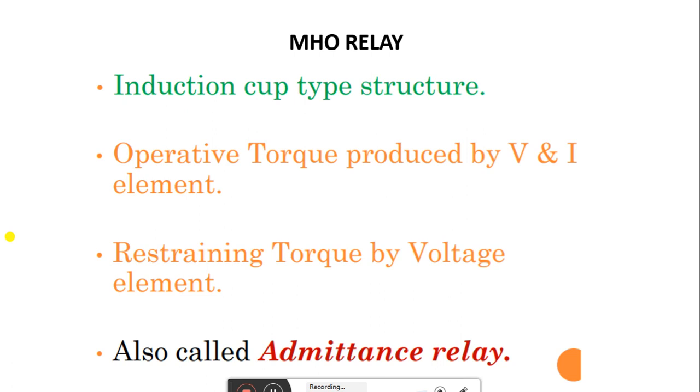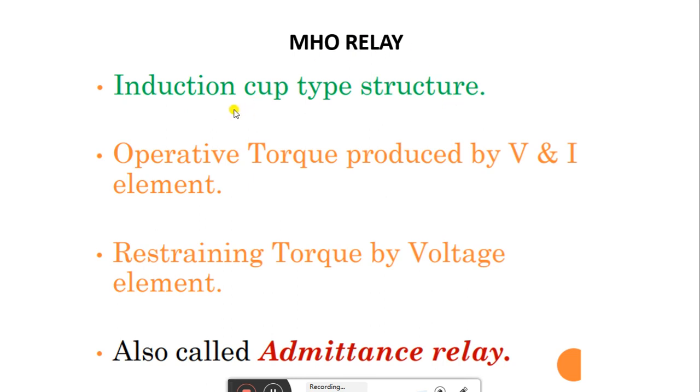So we have discussed the reactance relay, where we have a polarizing coil and an operating coil. Similar construction is here in the case of the MHO relay, where we have an operating coil and again a restraining coil. So this is an induction cup type of structure.